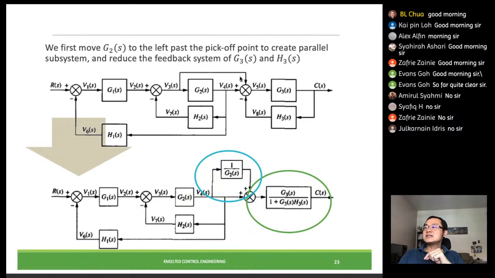Once this becomes an input, this is again a familiar form of a small feedback control block diagram over here. So we can first simplify this into G3 divided by 1, since this is minus, then 1 plus G3 H3. Okay, so we can simplify this into this form, right?